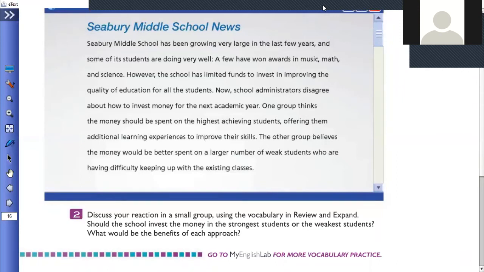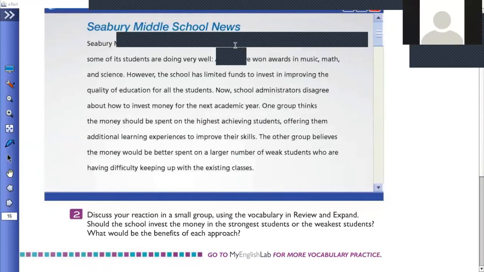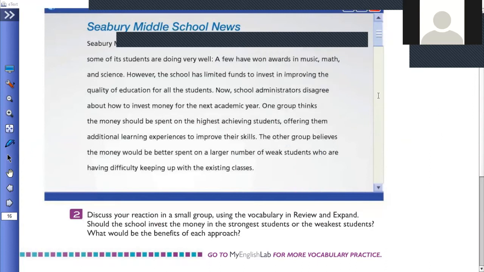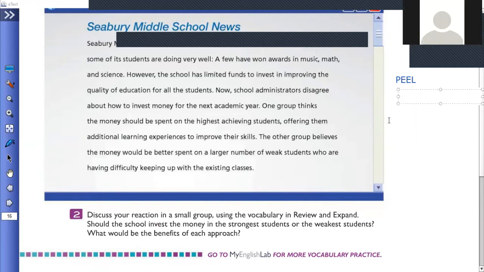Okay. In my opinion, the funds should be spent on the high-achieving student, because with that decision the weak student can be motivated and try to do better at school.